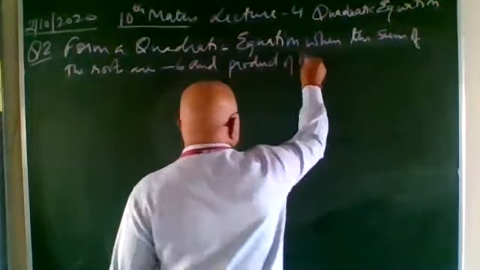Form a quadratic equation when the sum of the roots is -6 and product of the roots equal to 8. So this type of question is there.